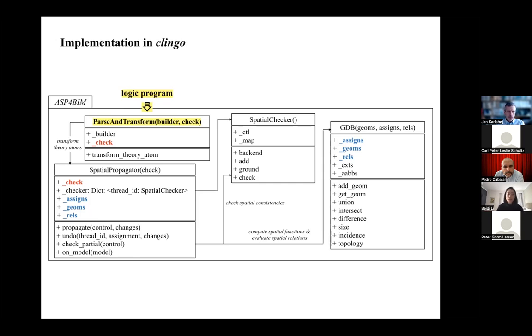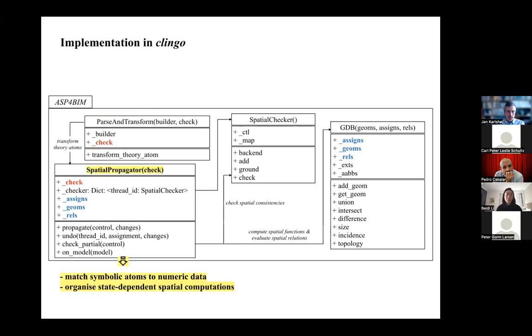First, a logic program is parsed and transformed, so we can derive an ordering between different spatial computations. Then we use a spatial propagator to match symbolic atoms with numeric data, and to organize all those state-dependent spatial computations into a cascading series, so they can be executed according to their dependencies.